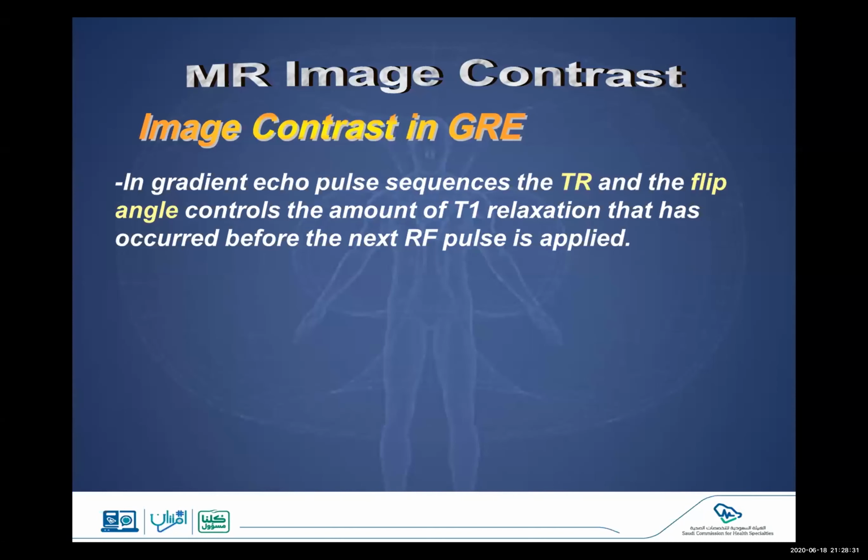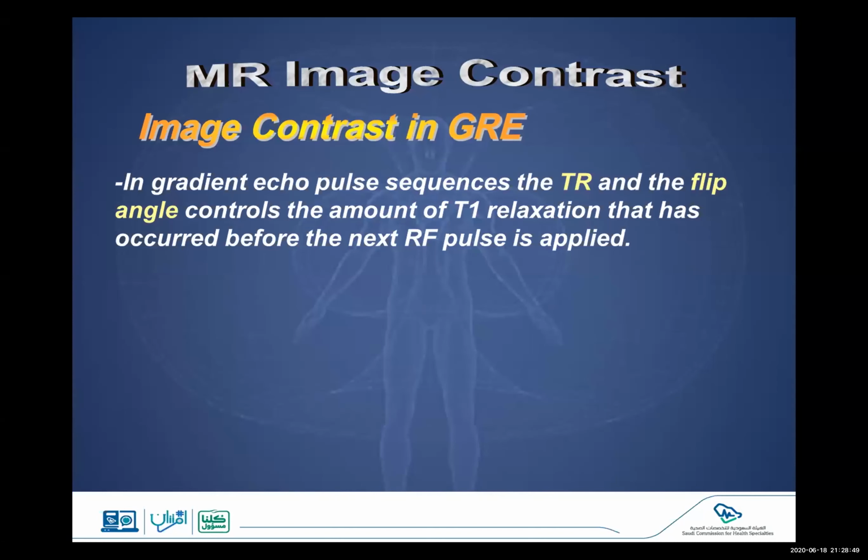In a gradient echo, TR and flip angle play an important role in controlling the amount of T1 relaxation that has occurred before the next RF pulse. I usually make an example of flip angle with the previous example.